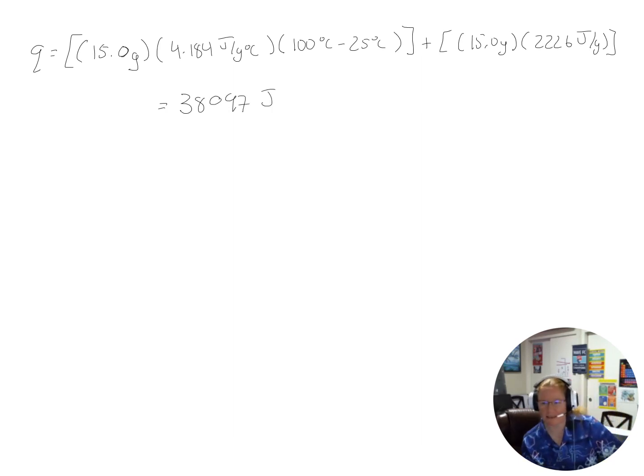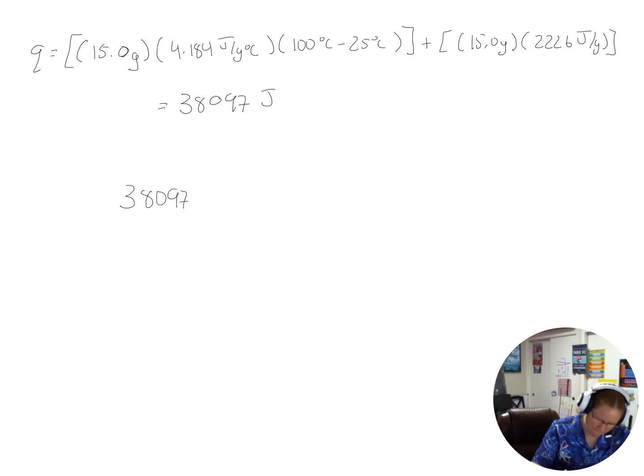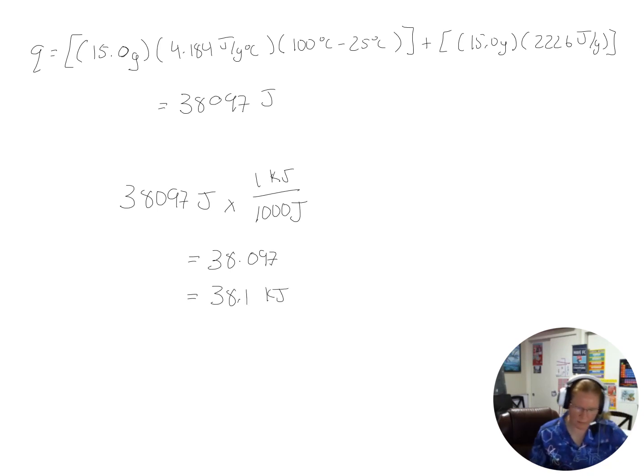We wanted the answer in kilojoules, so we have 1 kilojoule for every 1,000 joules. So we get 38.1 kilojoules.